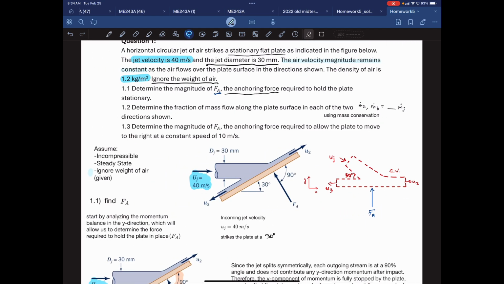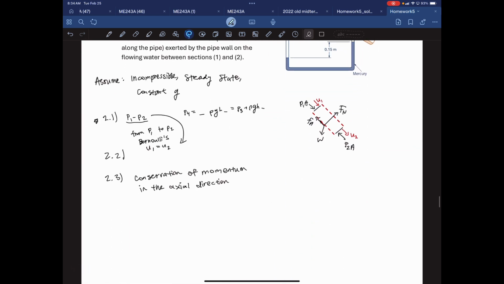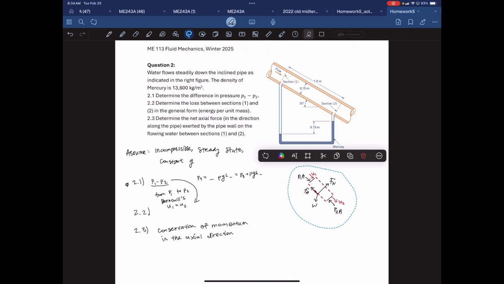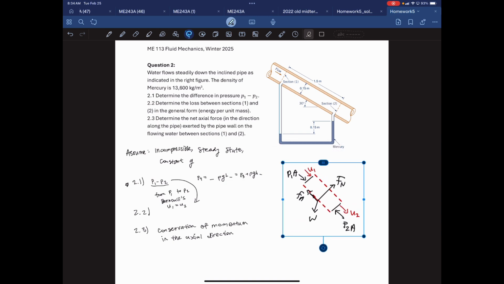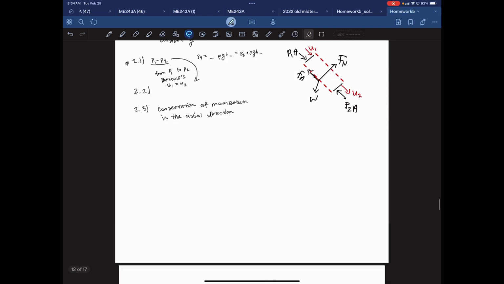So for problem 2, I had given the schematic, and I stated the assumptions: incompressible, steady state, constant g.